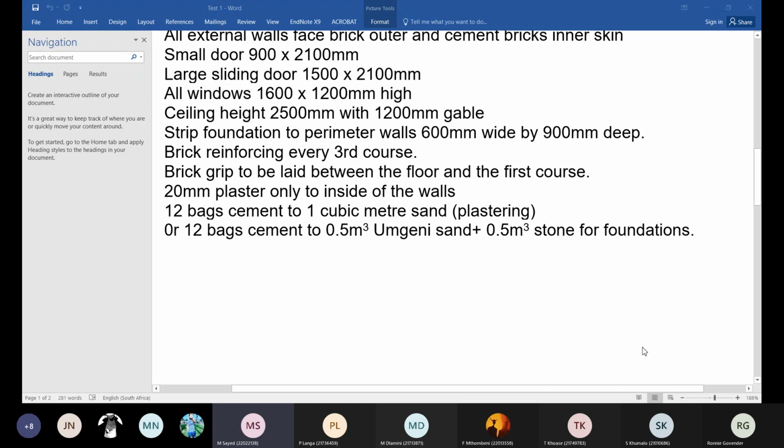So for the tutorial, we didn't use brickwork in the gables. Sorry? That's why I was asking. We didn't use the brickwork in the gables. You didn't use it? Yeah, in the exercise before the exam. We did. You have to put brickwork on the gable. No, it wasn't in the tutorial. Maybe it was wrong in the calculation.